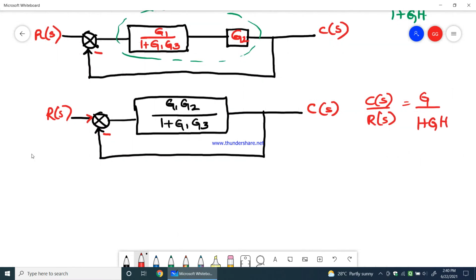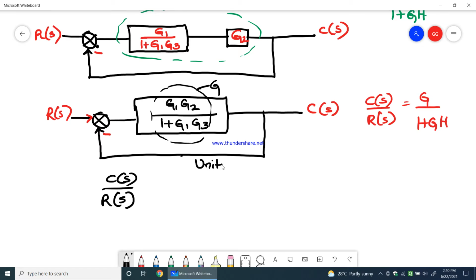Therefore C of S by R of S equals, we have this whole thing is actually G now. What is H? When nothing is there, it is unity feedback. So when you don't have anything, H will be equal to 1 in the feedback.